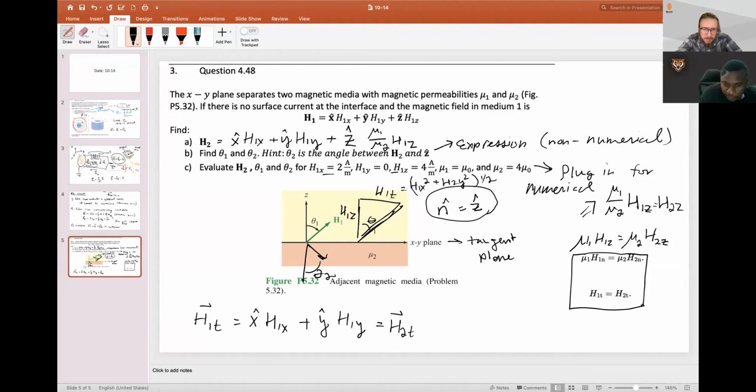We know it's on the XY plane. You know the normal is on the Z plane. So we just come up with the equations for H2 without knowing where H2 is. Yes, yeah. And actually, I kind of messed up. When I drew this, it probably ends up being something like this.